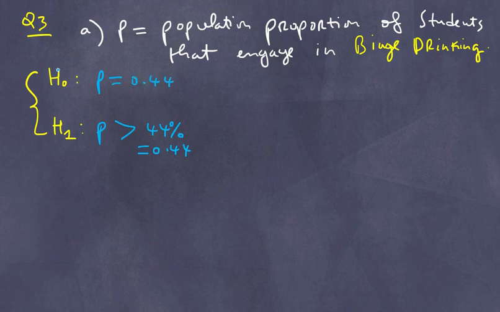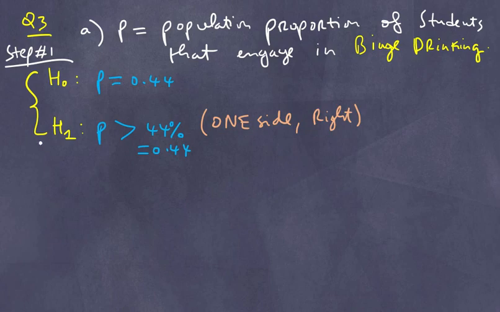We're testing H0: p equals 0.44 against H1: p is bigger than 0.44. Okay? And this is a one-sided test to the right. So that's step 1.